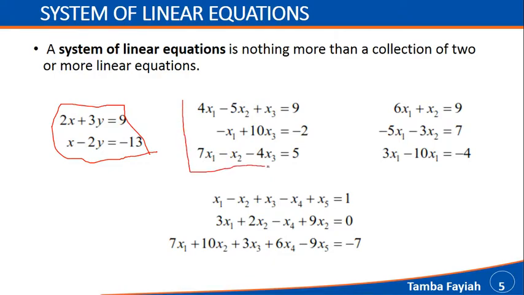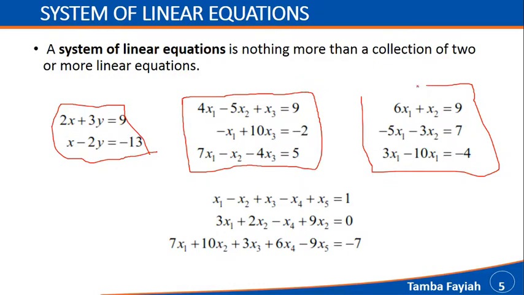Here we have another system of linear equations that has 3 variables with 3 equations. The variables here are x1, x2, x3. In this other one, we have a system of linear equations with 2 variables, x1, x2, and 3 equations.